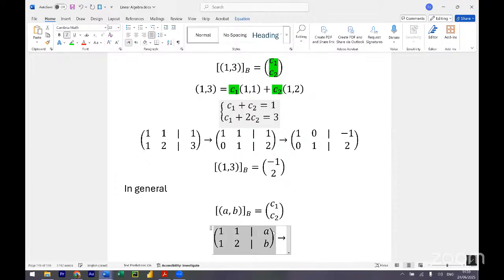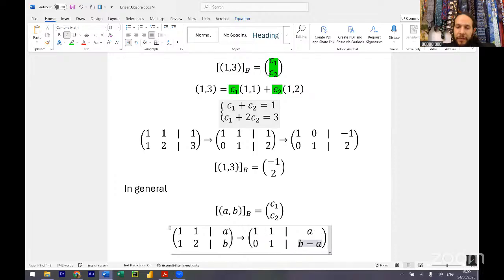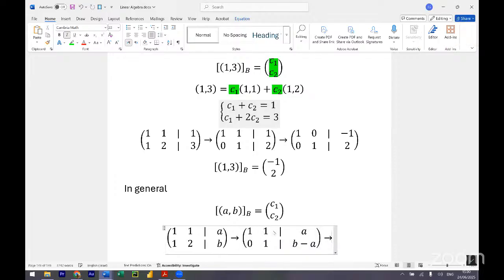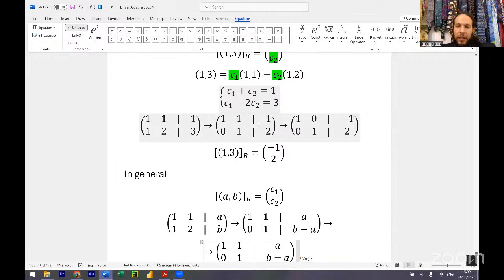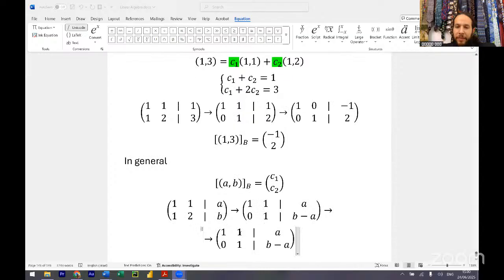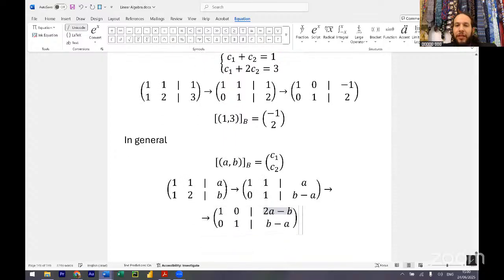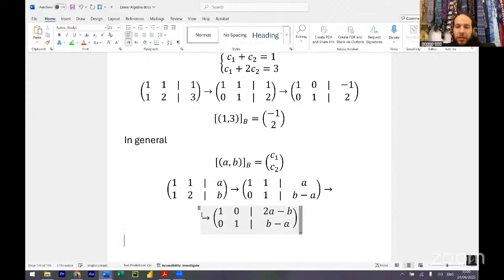And then 0, 1, B minus A. And lastly, first row minus second row, so that's 0. And here you get 2A minus B. So the coordinates are 2A minus B, B minus A.